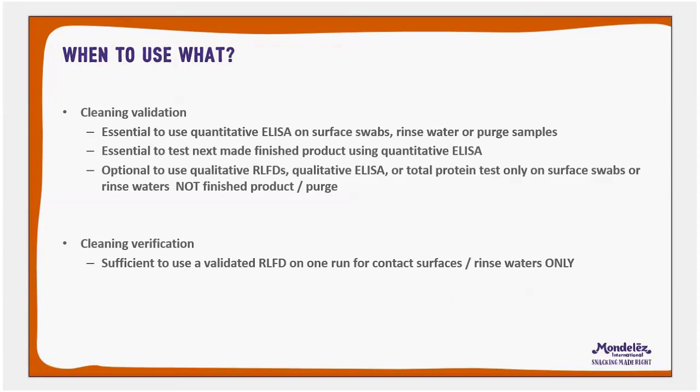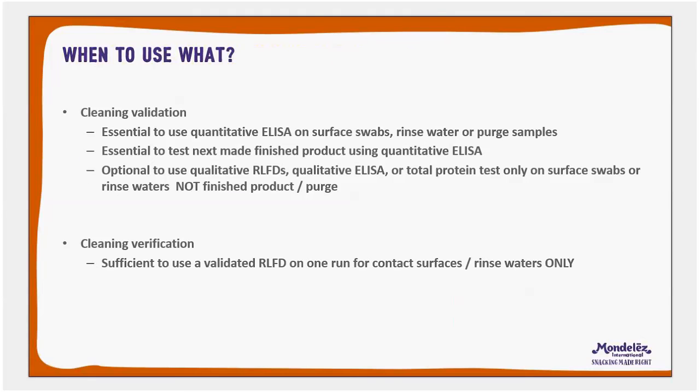For exactly the explanation I gave earlier, they are just not sophisticated enough to extract protein effectively out of those types of samples. When we're thinking about cleaning verification, it is sufficient to use a validated rapid lateral flow device on one run for contact surfaces or rinse waters only.